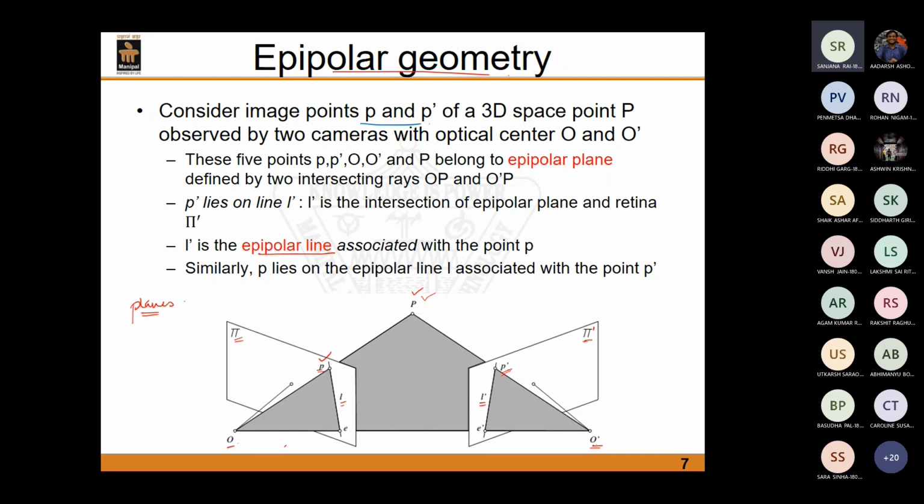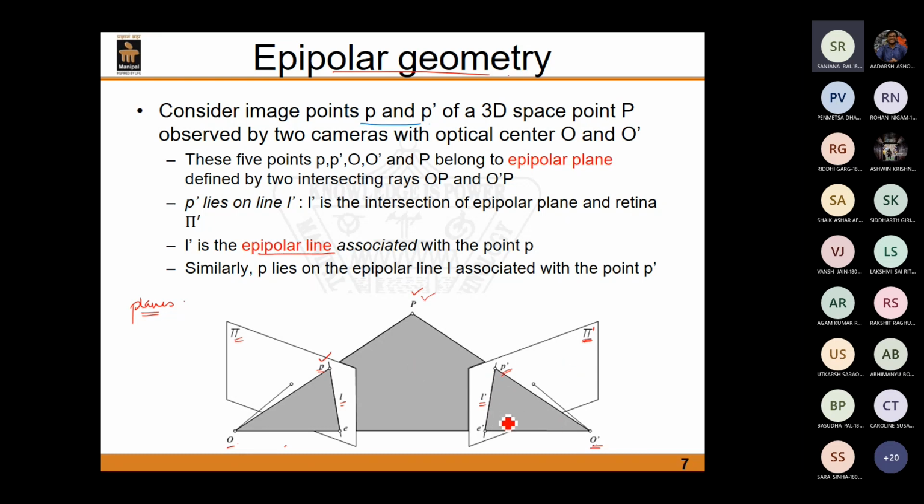This concept, that p dash will lie only along the line L dash, is very important for reducing the computational time or complexity. Let's say I'm using just a conventional approach, and we know p dash lies in the image plane pi dash.